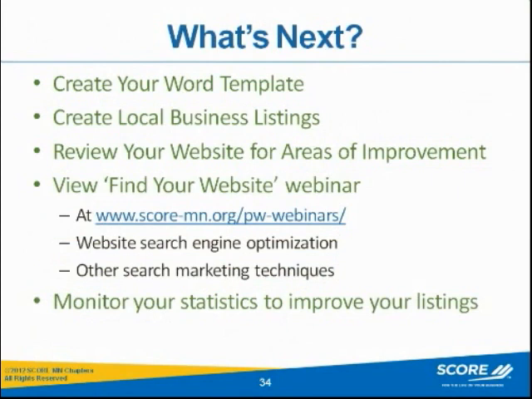So what comes next? Well, you have the tools and the step-by-step process to create your own local business marketing listings. Create that word template, then create your local business listings. Follow the steps that we've outlined.